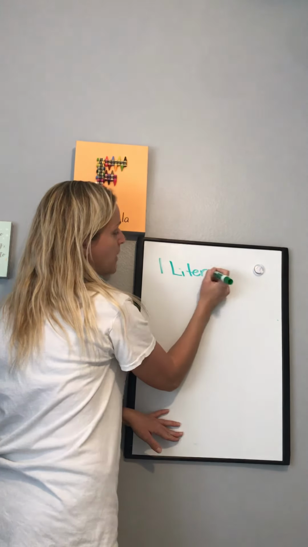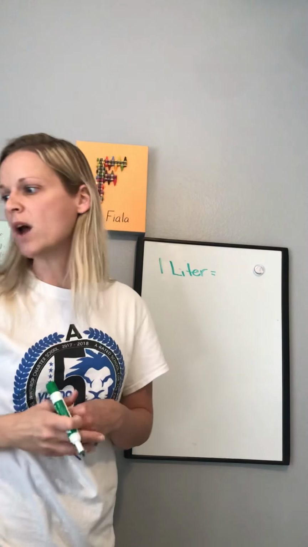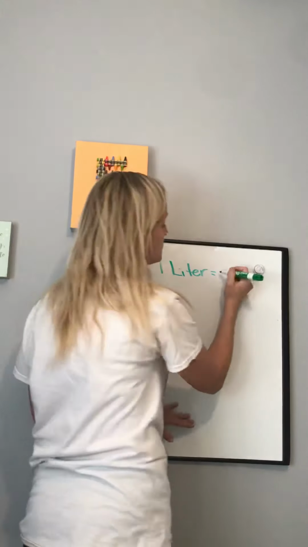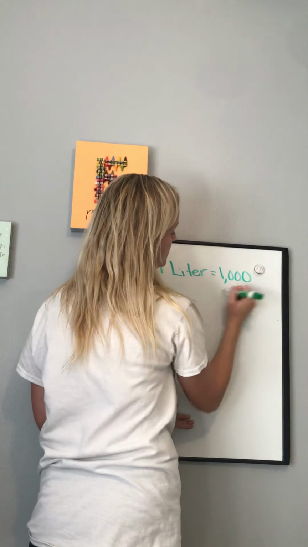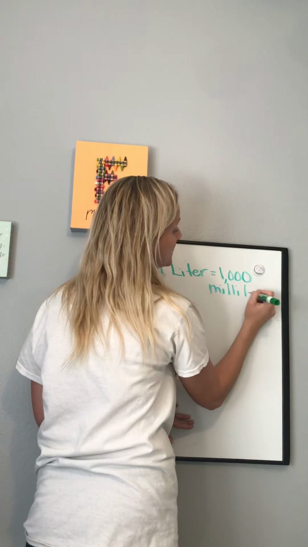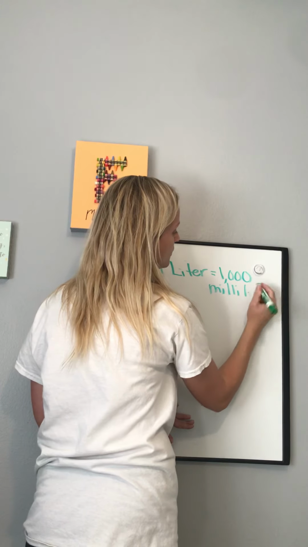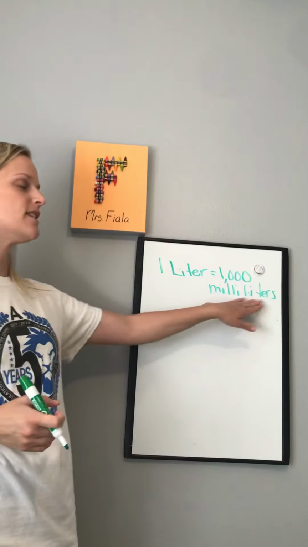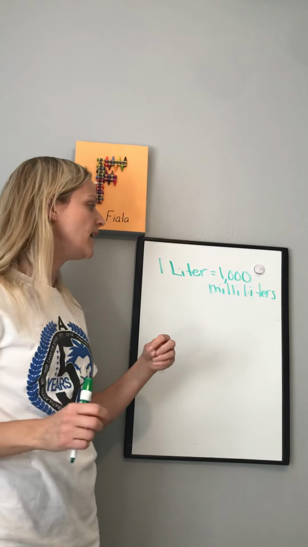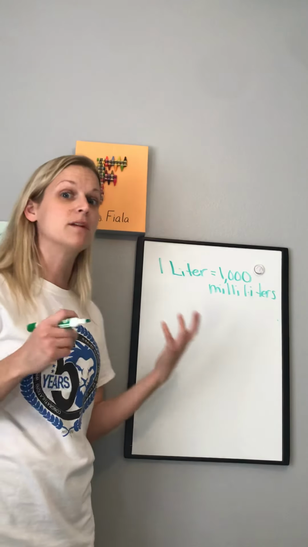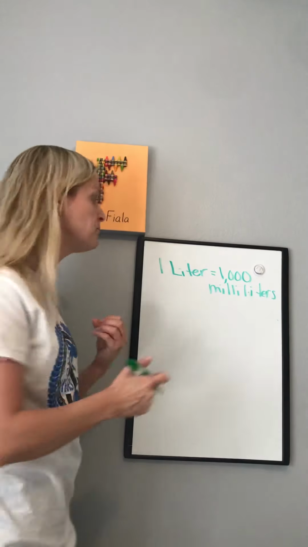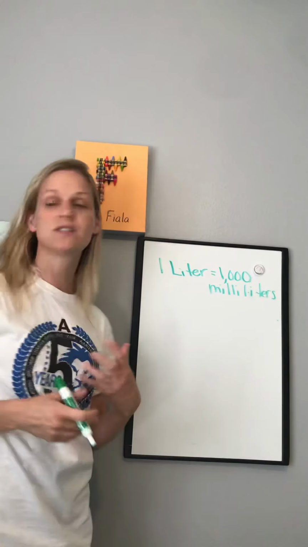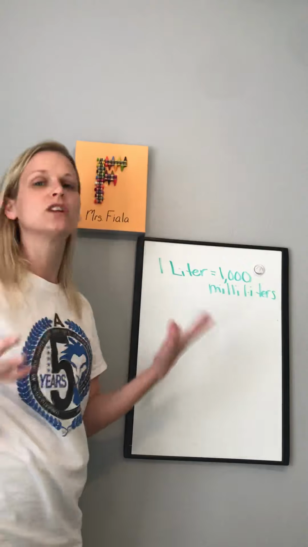Remember, when we think capacity, we are thinking liquid, okay? 1 liter is equal to 1,000 milliliters. Oops. You're going to see that a lot with things. We have a centimeter. We have a milliliter, okay? So 1 liter is equal to 1,000 milliliters, and that's the only information that you're given.